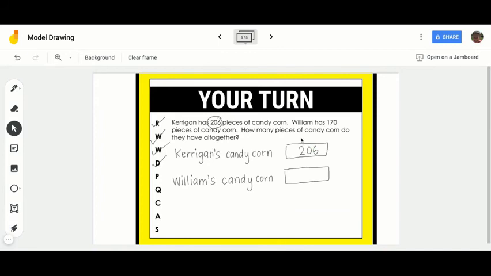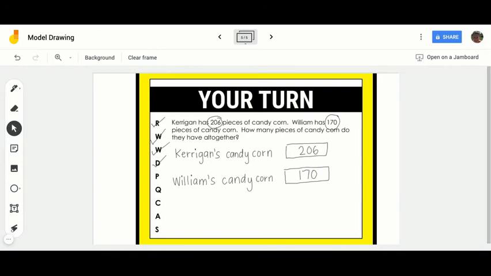All right, let's read our next sentence. William has 170 pieces of candy corn. Ooh, point to our important information in that sentence. Are you pointing to the 170? All right, and that's going to go in William's, right? Because that's how much candy corn he has. Ooh, but if I look at my two unit bars, I see that 206 and 170 are the same size.